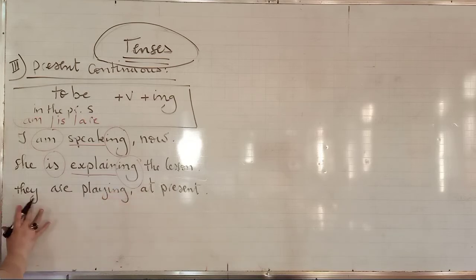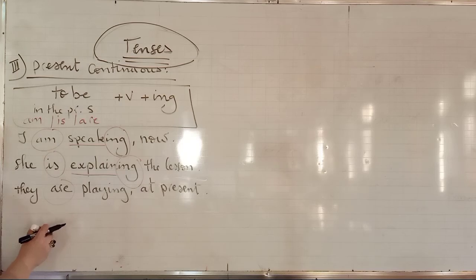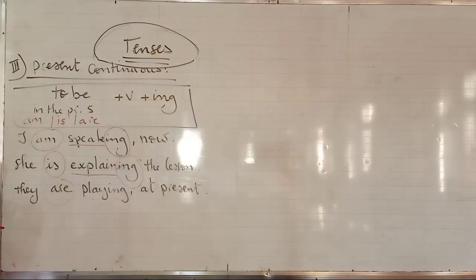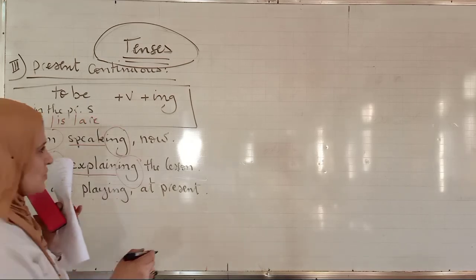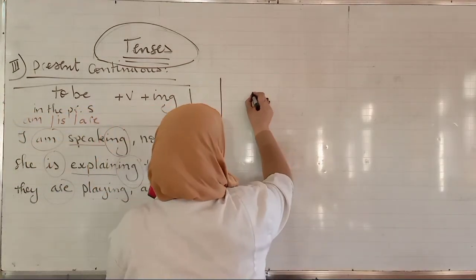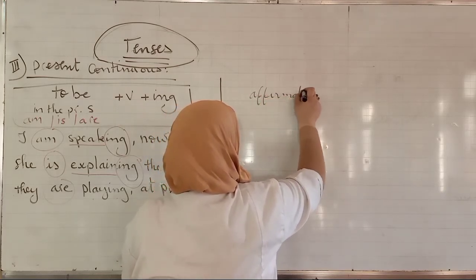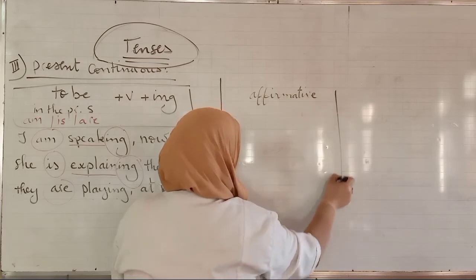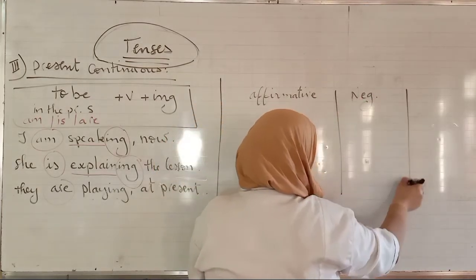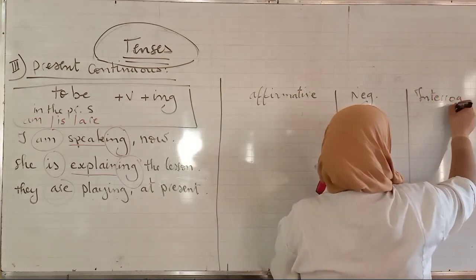So here we use the progressive tense with the auxiliary to be and verb plus ing form. Okay? Of course, we have the three forms as usual. We have the affirmative, we have the negative, and we have the interrogative.